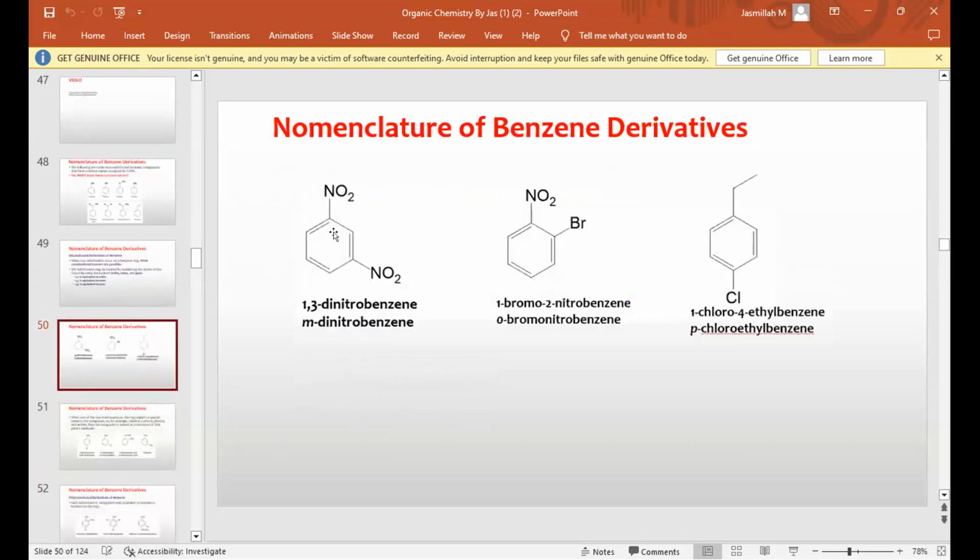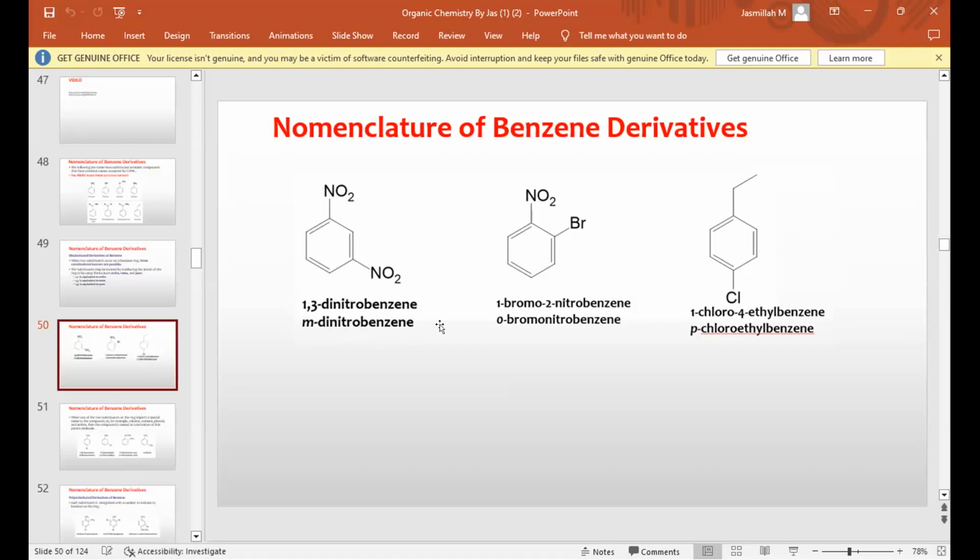This is an example. So let's say our counting starts here. This is where the numbering starts. So 1, 2, 3. So 1,3-dinitrobenzene, because we have 2 nitro groups. Also the position is the meta position, so we can also say m-dinitrobenzene, with m standing for meta.